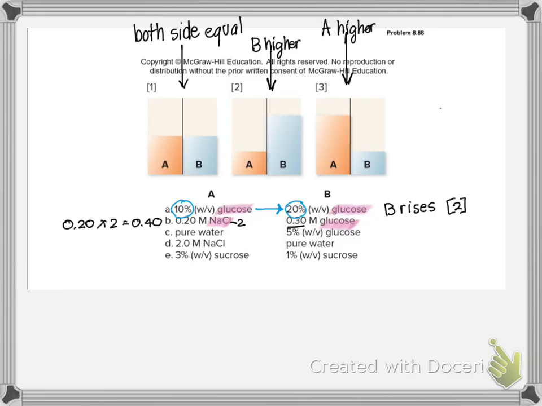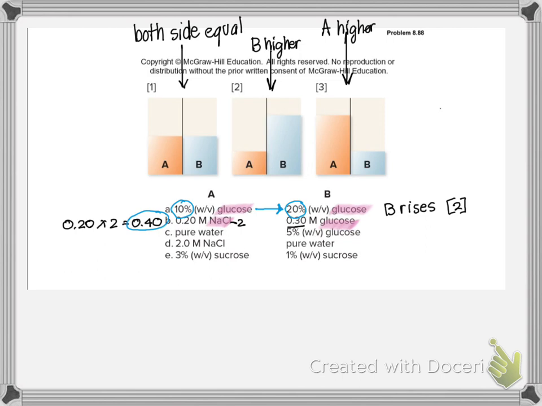So looking at that, the 0.40 is going to be higher. Even though just looking at the 0.2 and the 0.3, you think, oh, 0.3. But because colligative properties don't care about what the particles are, the concentration of glucose particles is actually lower than if you take into account the sodium ions and the chloride ions.